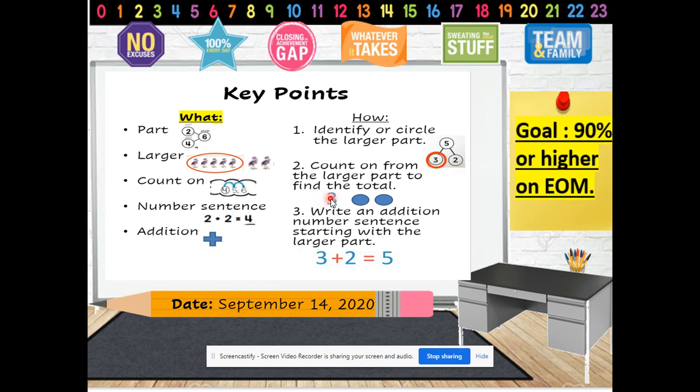And then we would count on 3, 4, 5. And then we would write an addition number sentence starting with the larger part. So starting with 3 because it's the larger part, we would write 3 plus 2 equals 5. 3 simple steps, boys and girls.